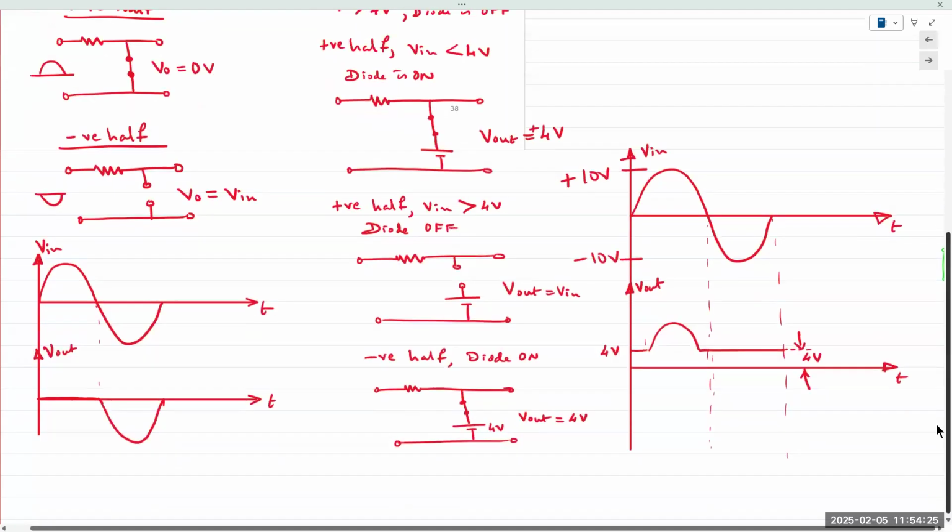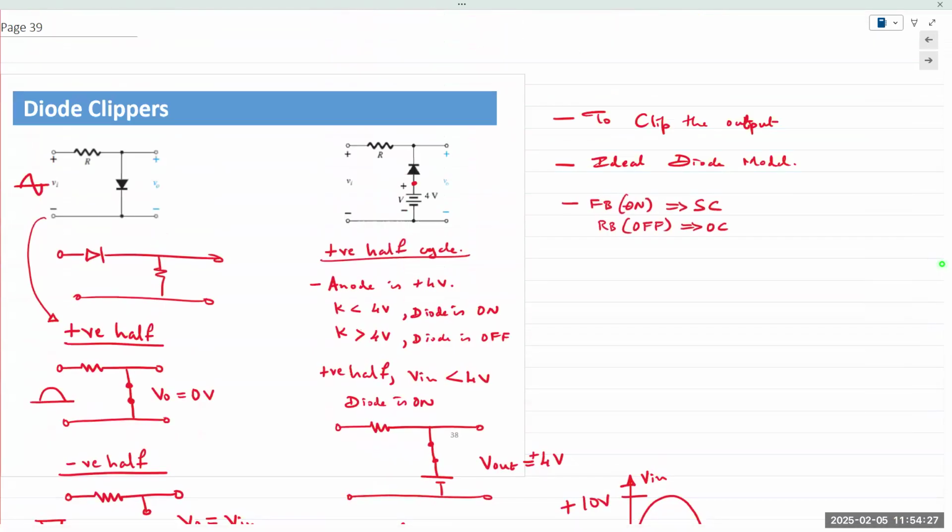Using the ideal diode model, you should be able to analyze a circuit if the diode polarity was reversed, if the battery polarity was reversed, or if the diode was connected in series right here. Doesn't matter what kind of circuit it is, but the steps that you use would be exactly the same as we did here. Make sense to everyone? You always take a look at the input, see what is required to turn the diode on or off.